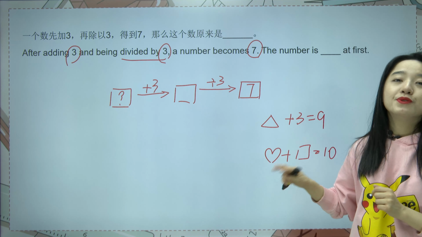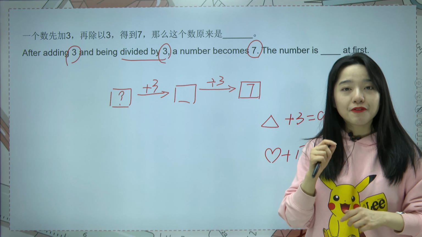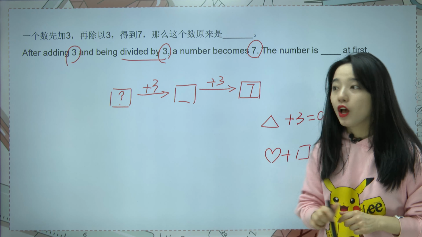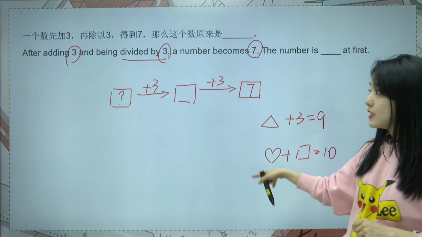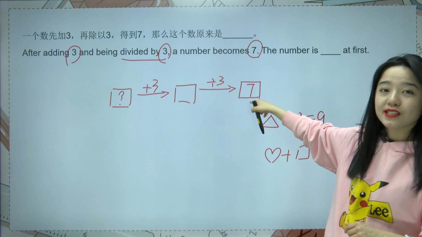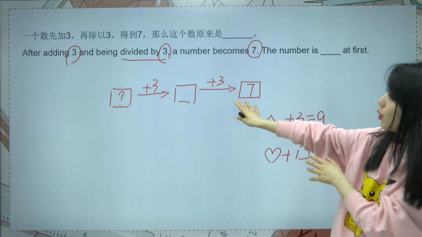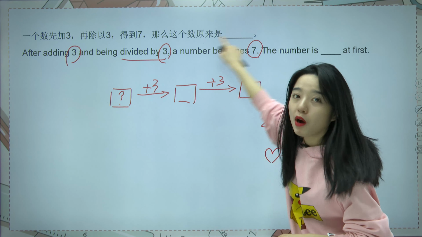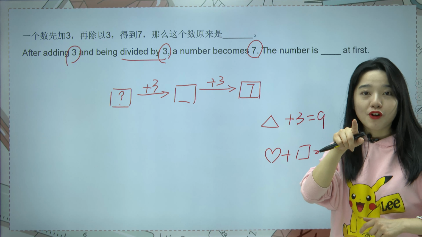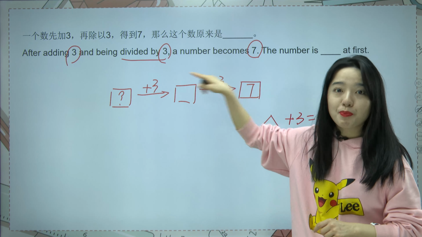If there are 2 unknowns in an equation, can we solve it? No, we can't. It's not fixed. So in this process, which part has 2 known numbers? This part. So we have to start from the answer and work backwards.